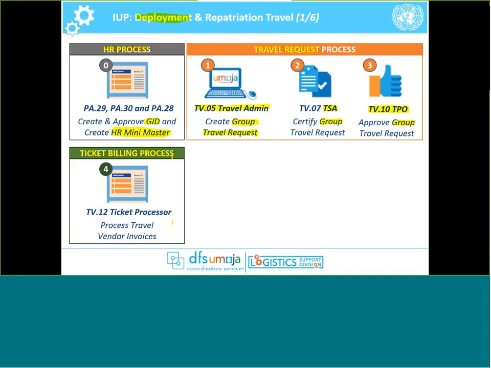Okay. So once the travel request is fully approved, the system will generate individual travel requests. And coming back to your question regarding shipments and spend reports, once the travel request is fully approved and the system has generated the individual travel requests, you as a travel administrator can start raising the shipment request.